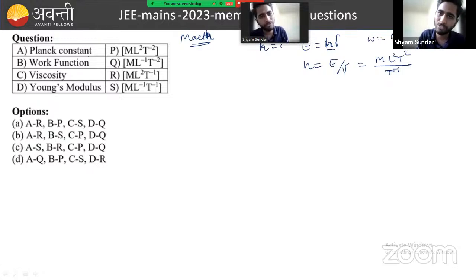Work done is equals to force into displacement, M L t to the power of minus 2 into L. Frequency is nothing but second inverse, t to the power of minus 1. Just a minute, I will check it once.